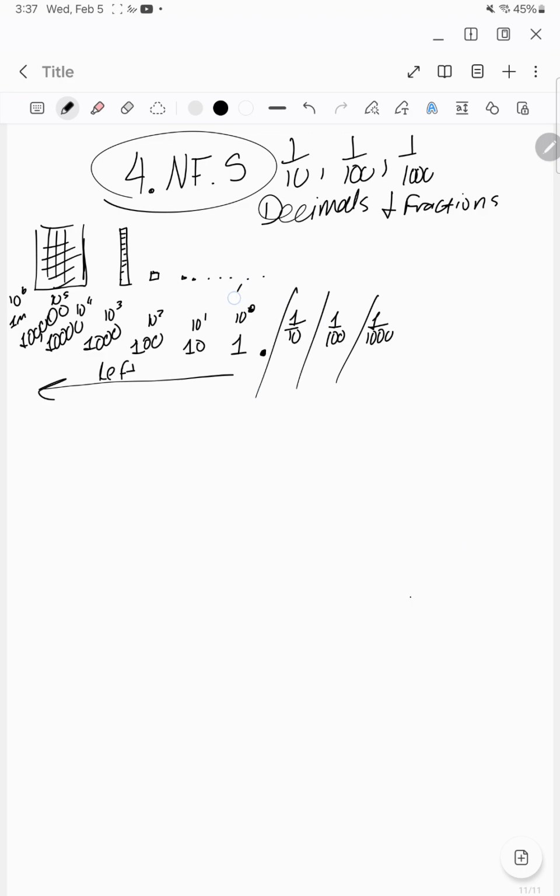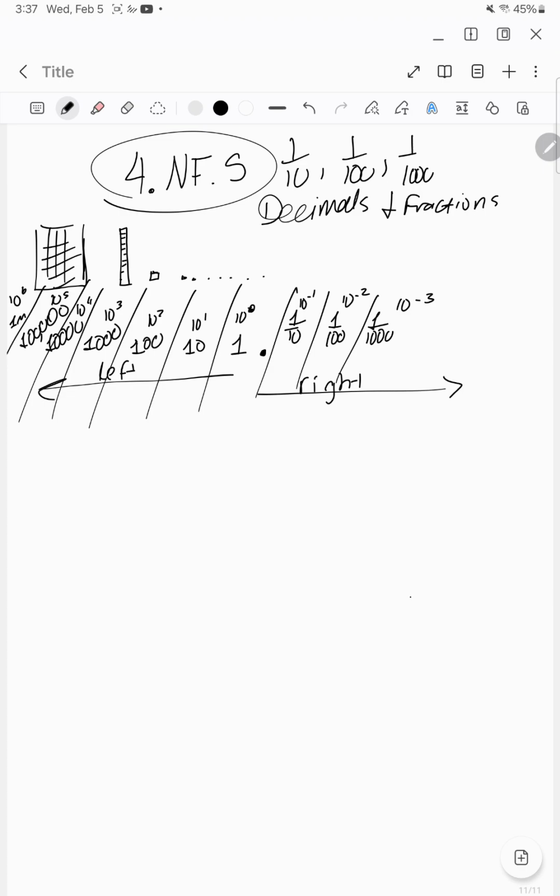So this is all part of a place value chart, and you can actually keep going. You're either going to be dividing by more and more zeros, or you're going to be multiplying by more and more zeros. Like I said, if it's going towards the right, it would be smaller. If it's going towards the left, it gets bigger and bigger and bigger.